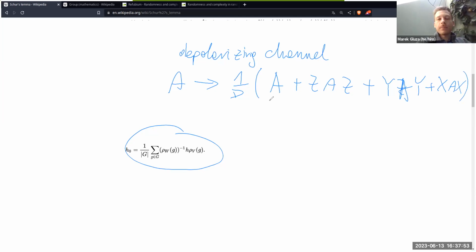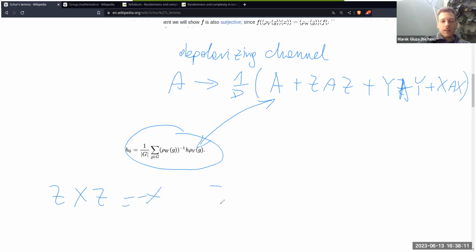And I want to explain that this is basically averaging over with Schur's lemma. But there was this problem that I was explaining just before, that if I take Z X Z, then I get minus X, this we knew. But if I take two elements Z X, I get iY.